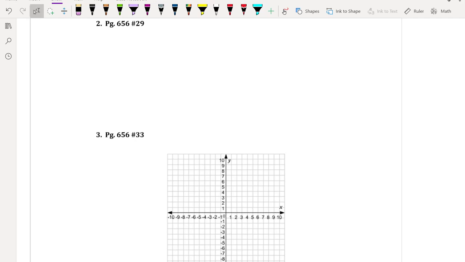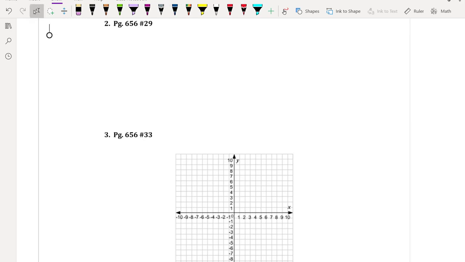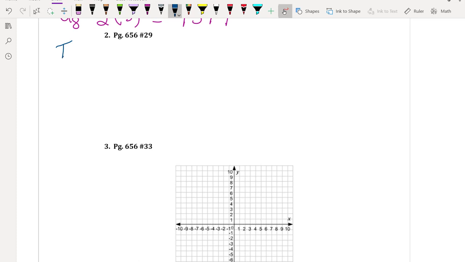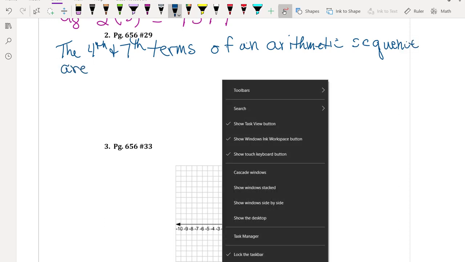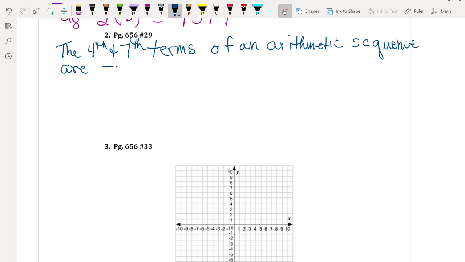So what we're supposed to do in number 29 is find, it says the 4th and 7th terms of an arithmetic sequence are -8 and 4 respectively, which means that you do them in the same order they were originally listed. So the 4th term is -8 and the 7th term is 4.